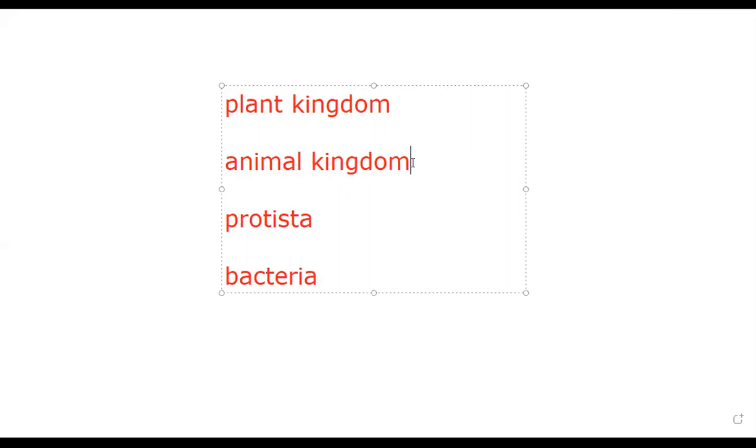But do you know why scientists put humans in the animal kingdom? Because there are many similarities. The structure of the human body is very close to other animals, especially mammals.